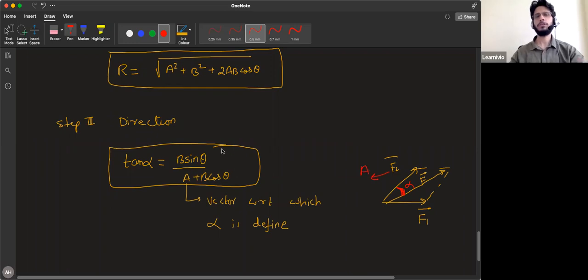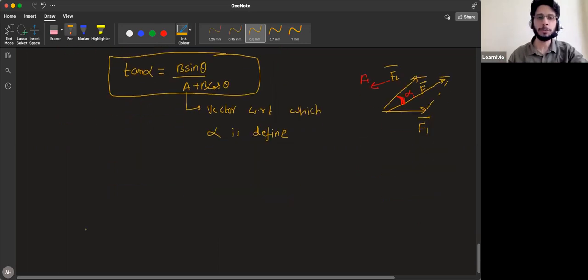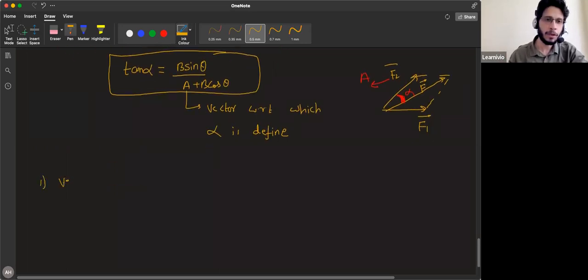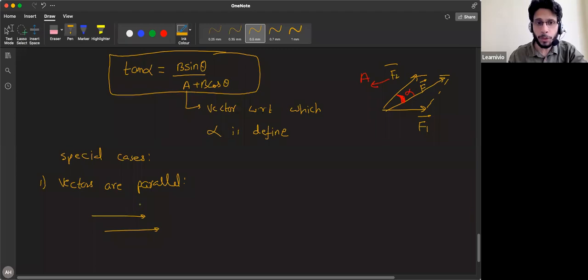Okay. So this is the basics of the parallelogram law. Now, we have some special cases. In those special cases, you can reduce these relations. The first case: if vectors are parallel, meaning vectors are acting in the same direction, that means the angle will be 0 degrees.